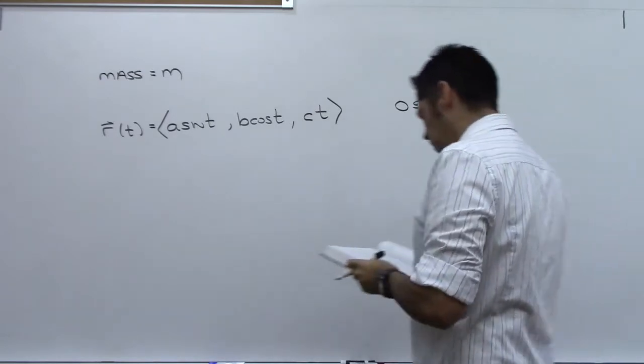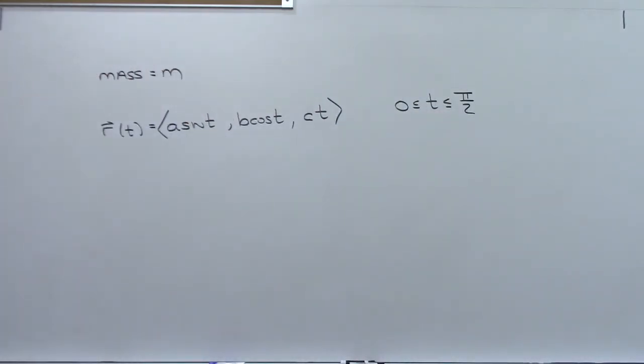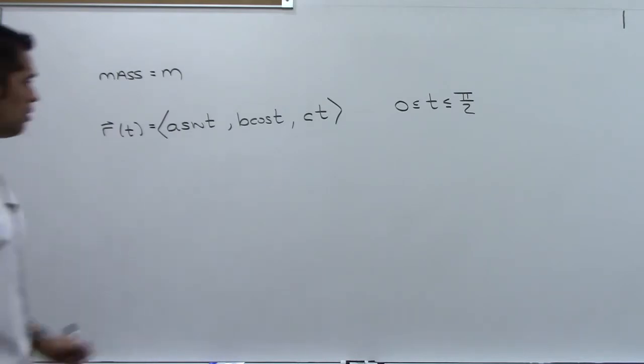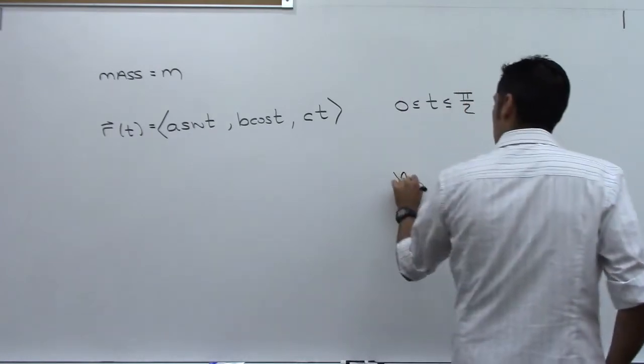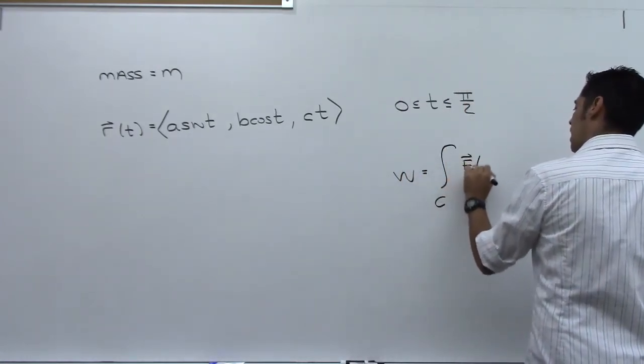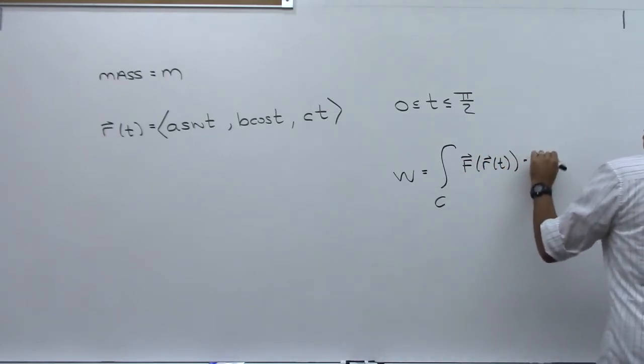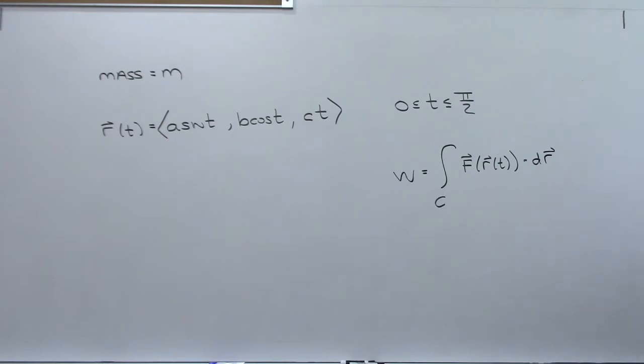And they're asking you to find the work done on the object during this period of time. The problem here is that it's not obvious what the field is. In order to compute the work, we need the line integral over c of the vector field evaluated on the curve, dot dr. Well, we know what r is, so that's not a problem.